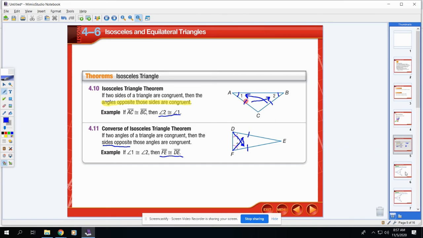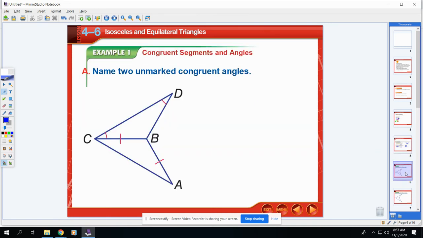Make sure we understand what's going on. Right here, name two unmarked congruent angles. We're going to look at our sides that we know are congruent and draw arrows to the angles opposite of those sides.